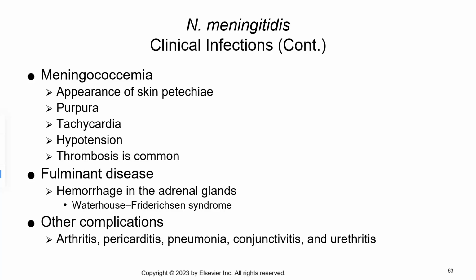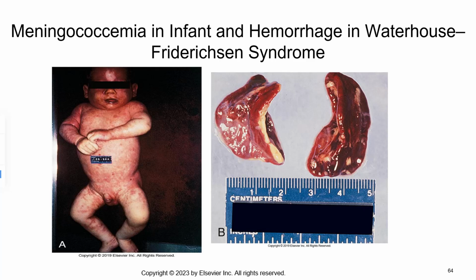Pneumonia, that's a deep lung infection. Conjunctiva is the membrane that surrounds the eye, so conjunctivitis would be an eye infection. And urethritis, that's infection or inflammation of the urethra. So this is meningococcemia in an infant with hemorrhaging in Waterhouse-Friderichsen syndrome.